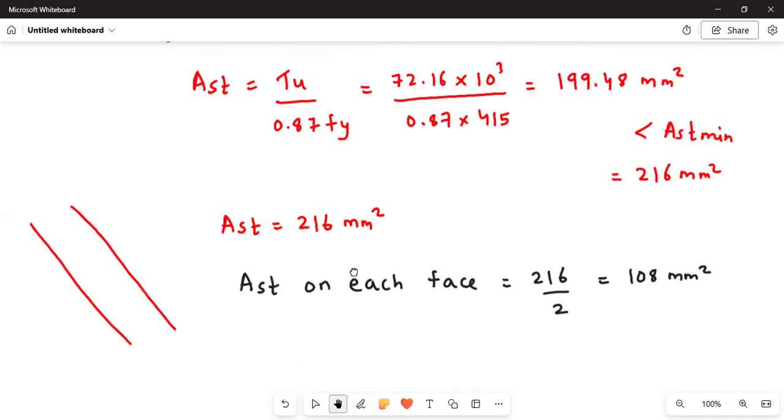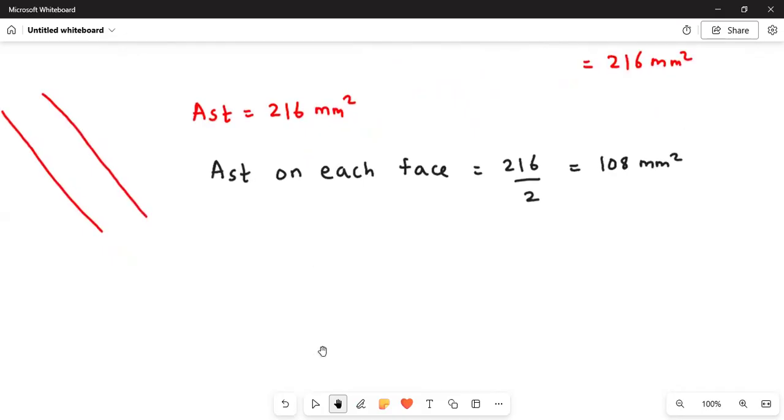And now we can assume the diameter of the bar, and we can find the spacing. You know the formula of the spacing, how to find the spacing. So I will assume diameter of the bar as 8 mm, and the spacing that I am getting is 465.32 mm.